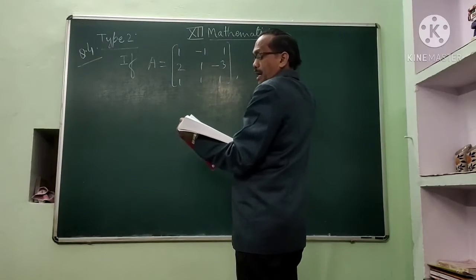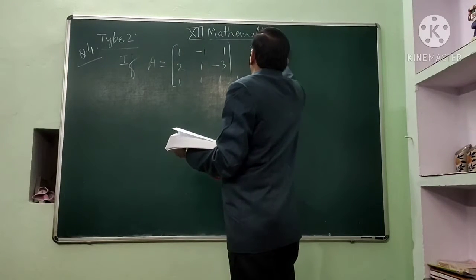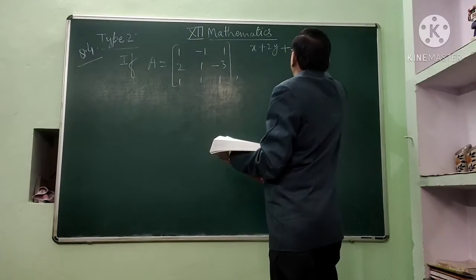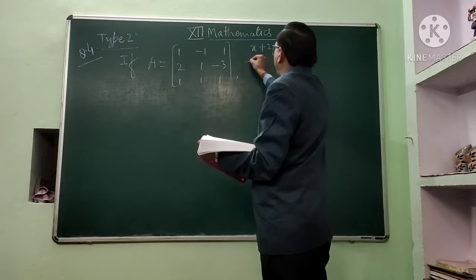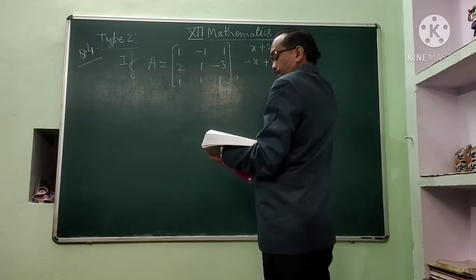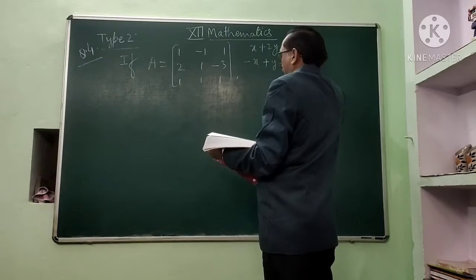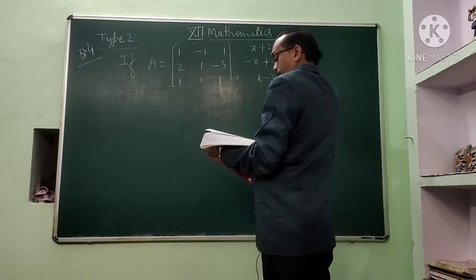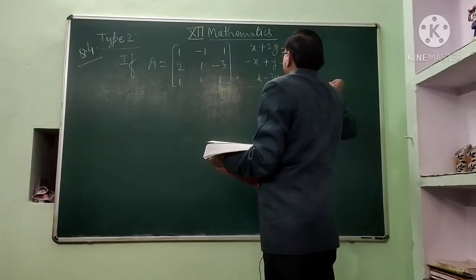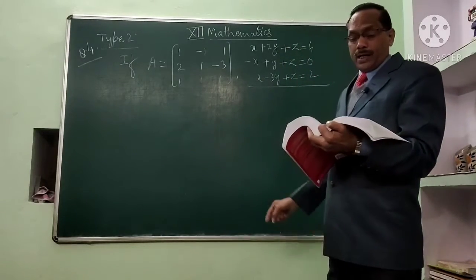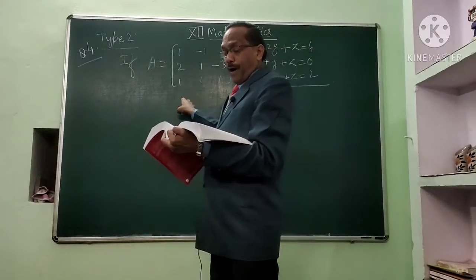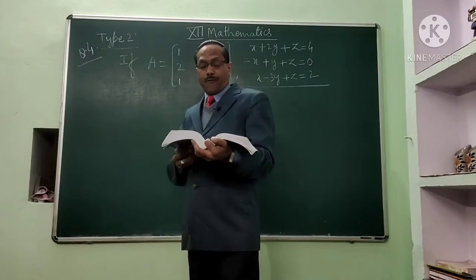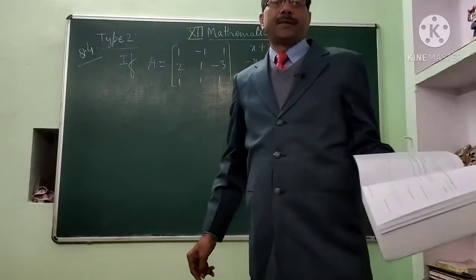And the three equations are x + 2y + z = 4, -x + y + z = 0, x - 3y + z = 2. Student, the question is: find A inverse and hence solve the system of linear equations.